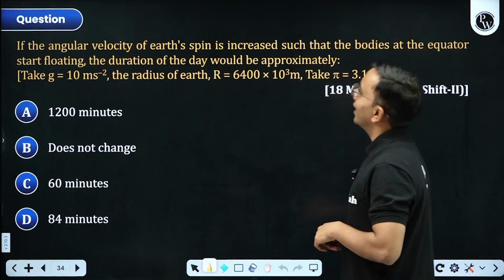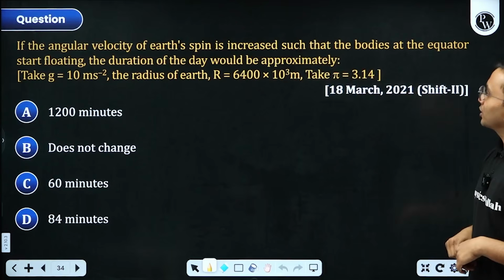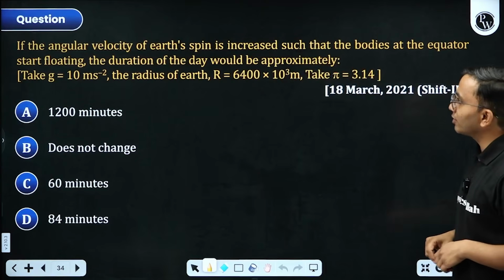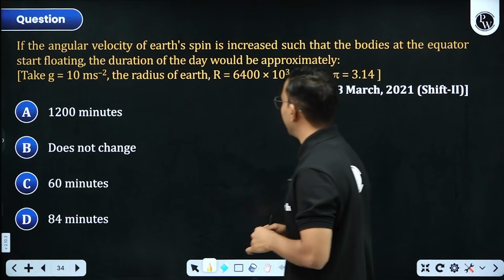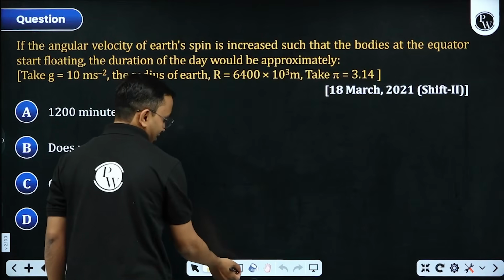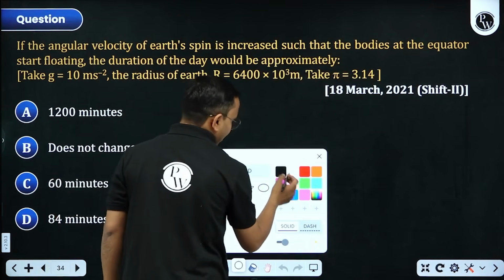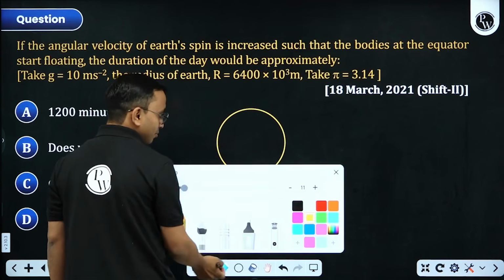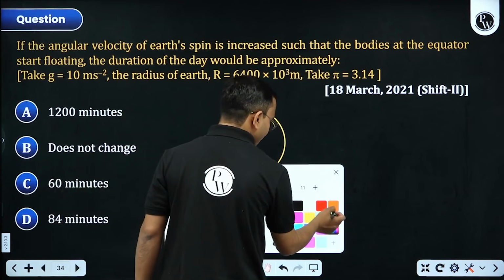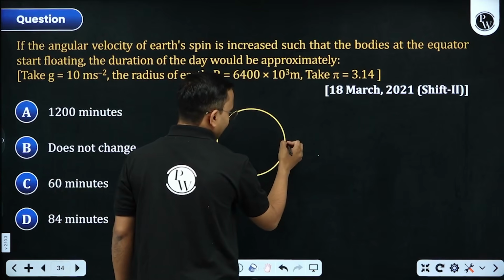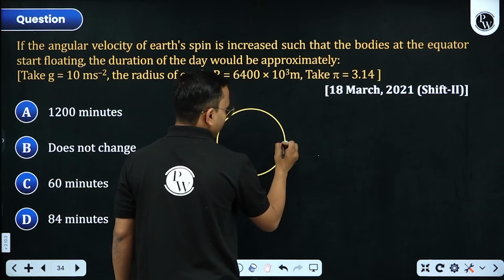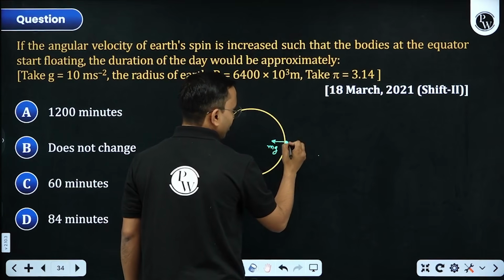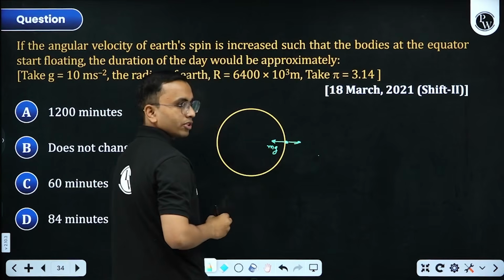If the angular velocity of Earth's spin is increased such that the bodies at the equator start floating, the duration of day would approximately be. Okay, bodies at Earth's equator start floating. It means g becomes 0, isn't it? The mass is here. So one is force due to gravity, that is mg. In the rotating frame, we have a centrifugal force outside.